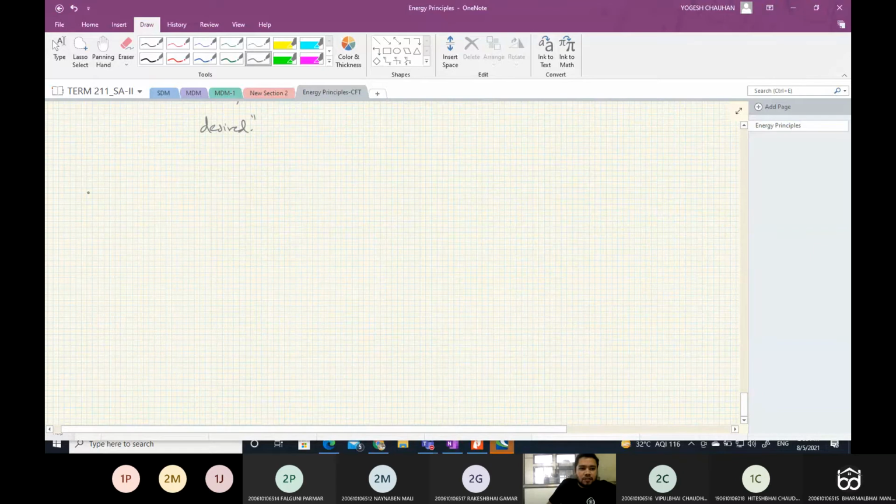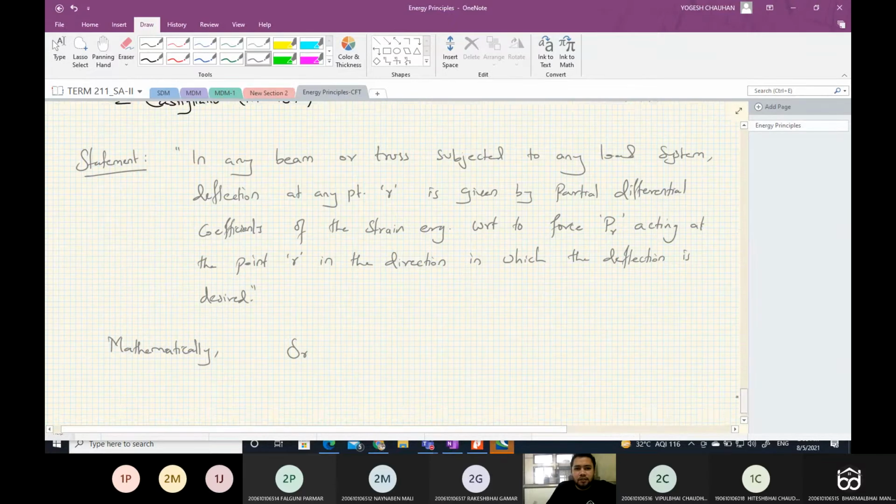So that means mathematically we can write delta R, that is the deflection at any point R, is equal to the partial derivative of the strain energy with respect to the force PR applied at point R. So this is the mathematical statement.